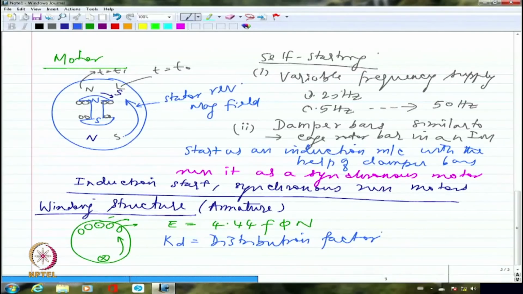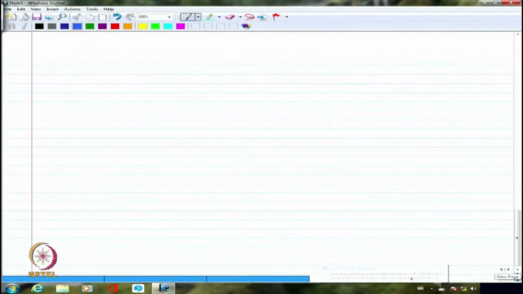But if I do the vector sum, because they are all delayed, I am going to have them as phasors which are delayed from each other by certain angles. So let me take about 4 slots: one slot here, one more slot here, one more here, and one more here.